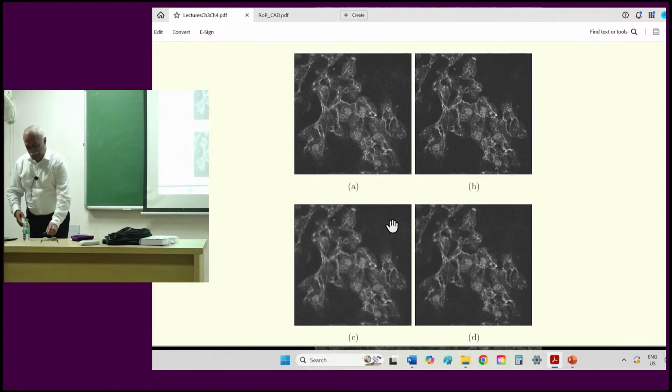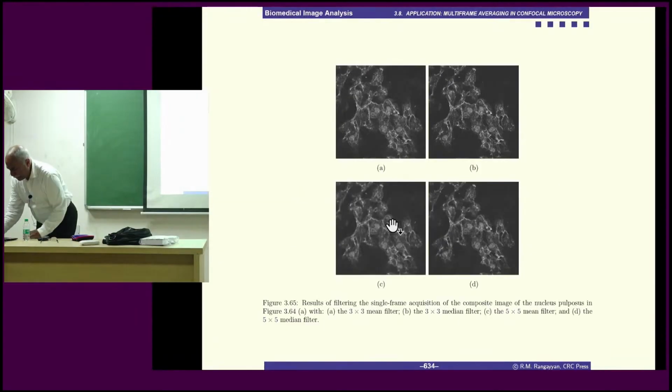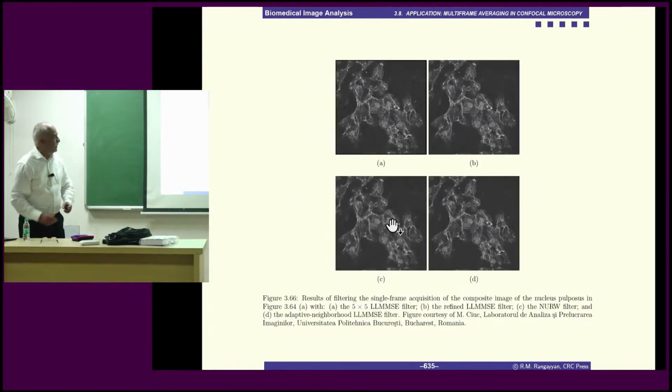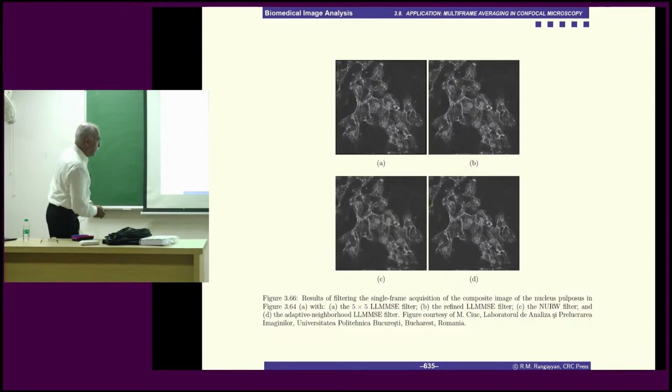We applied many of these filters and tried the LLMMSE filter, the refined updated recursive Wiener filter, and the adaptive neighborhood filter. This is our filter.